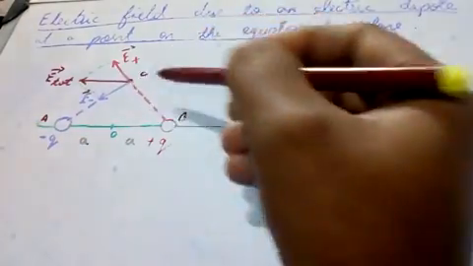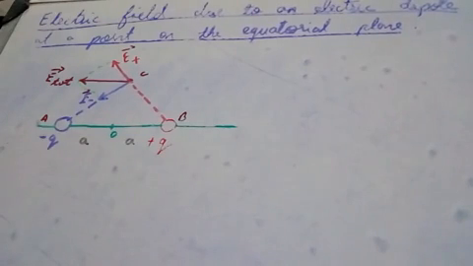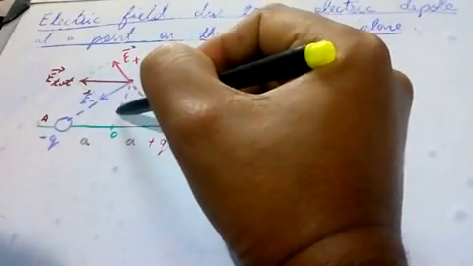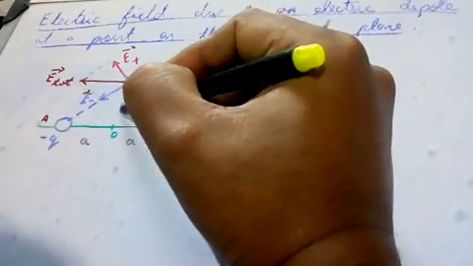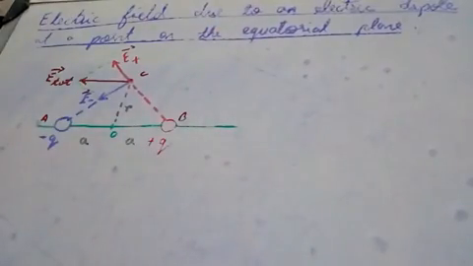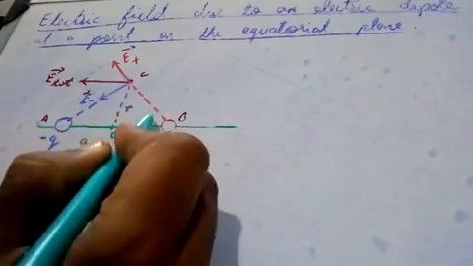Now we must see one more thing, the distance here. The distance between O and C we'll take as R. Then let's take the dipole moment. The dipole moment starts from the negative charge and goes to the positive charge.